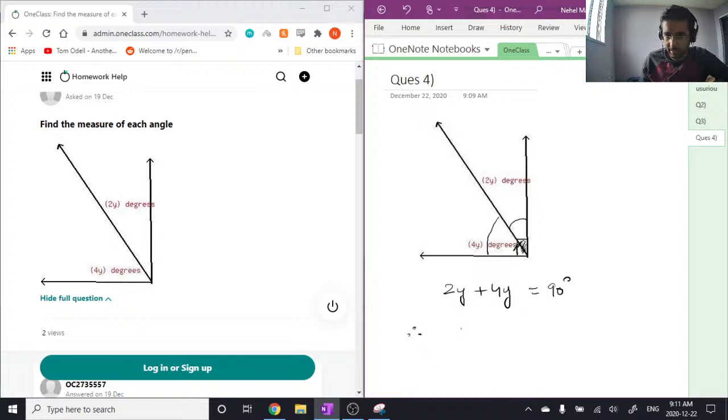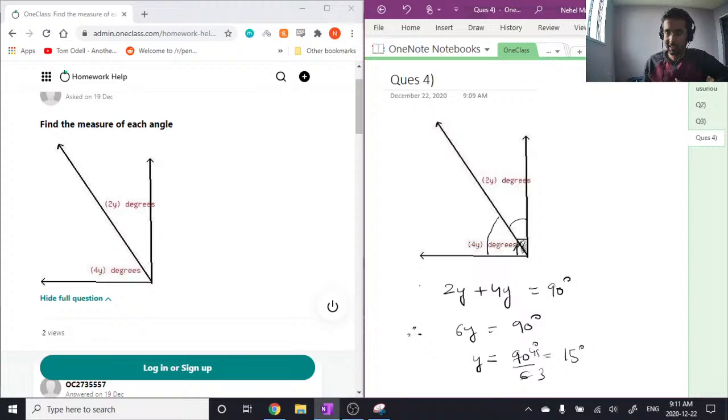Therefore, we can say that 6y is equal to 90 degrees, and y is equal to 90 over 6, which is 15. Okay, so we got the value of y to be 15.